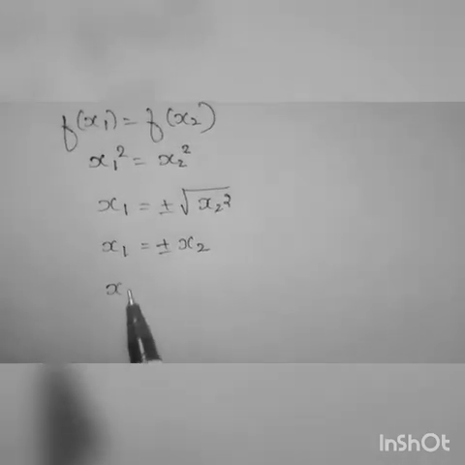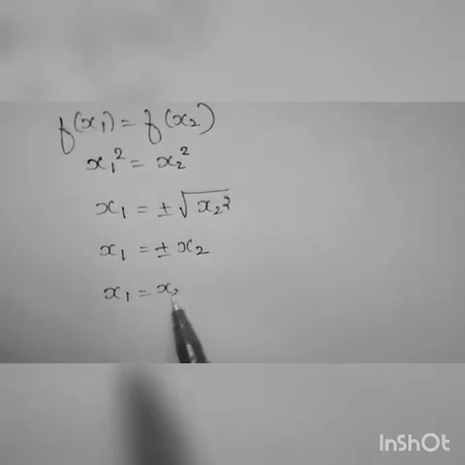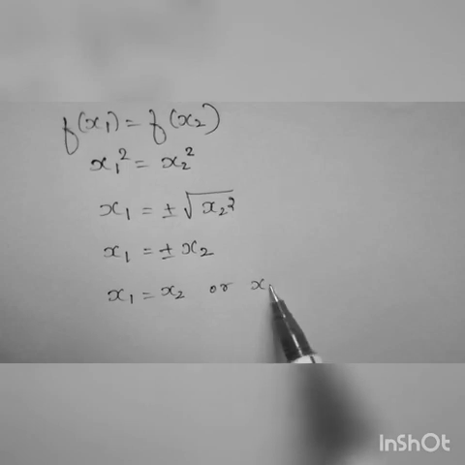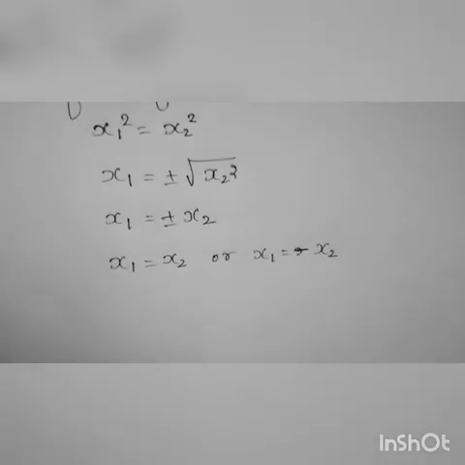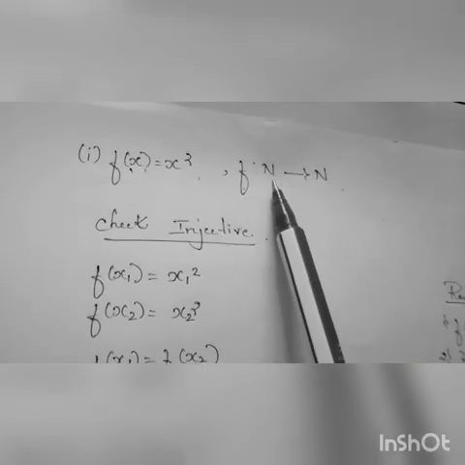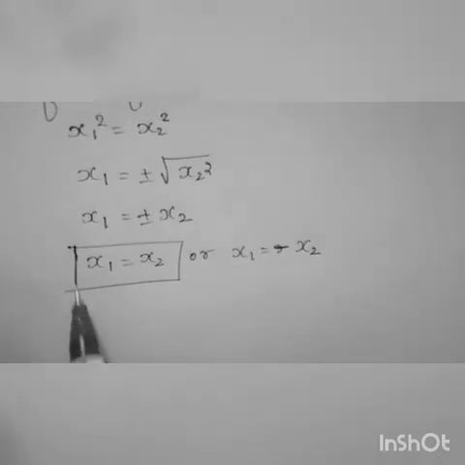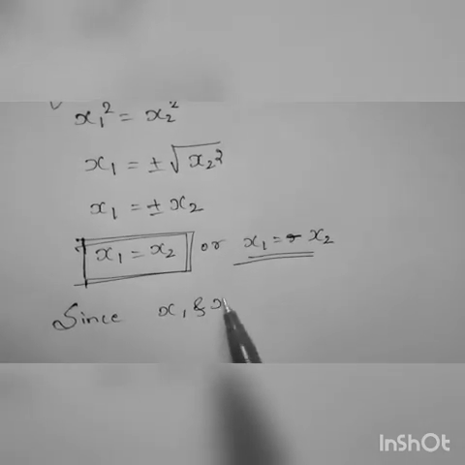This says x1 is equal to x2 or x1 is equal to minus x2. Since the domain and the codomain are natural numbers, we consider this result and neglect the other.